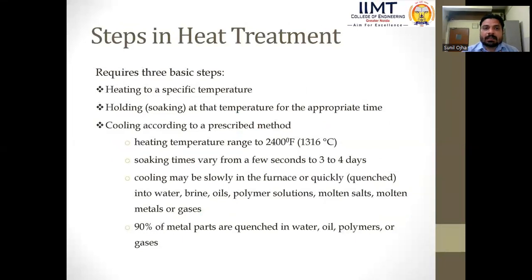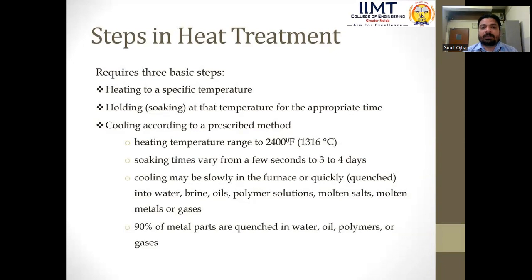Next, the steps in the heat treatment. As we have seen, there are three basic steps. Heating of the material to the specific desired temperature. Holding, which is called soaking, at that fixed temperature for an appropriate time.